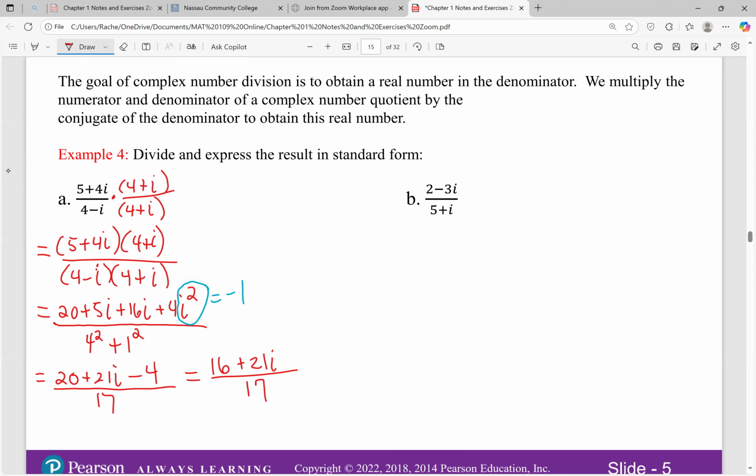Now we want to write this in standard form. So it says to divide and express the result in standard form. And remember, standard form is a plus bi. So in order to write 16 plus 21i over 17 in standard form, divide each expression in the numerator by 17. So I'm going to have 16 over 17 plus 21i over 17.